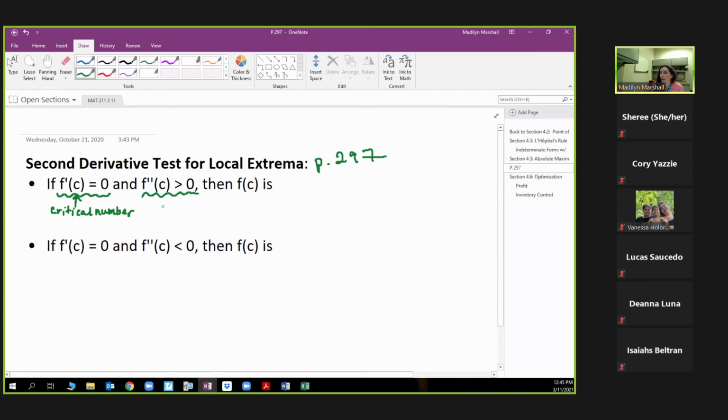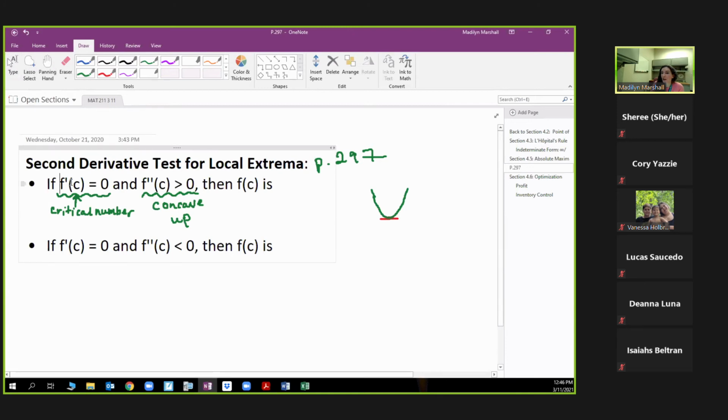So if we have a critical number, which is going to be a place where the tangent is 0, or excuse me, if we have the first derivative equals 0, so the tangent is 0, and our graph is concave up at that point, then there has to be a local minimum there.